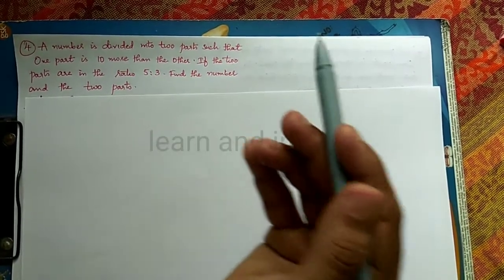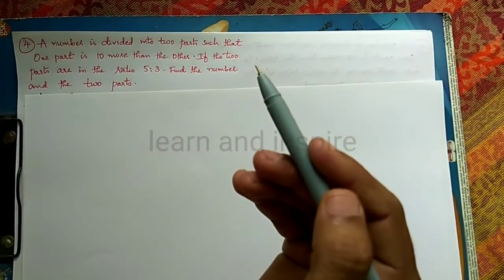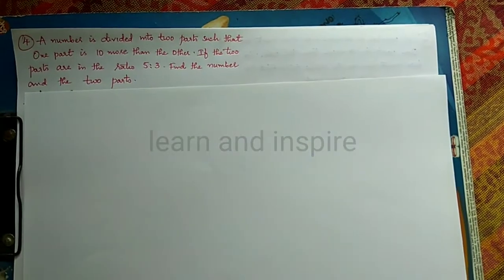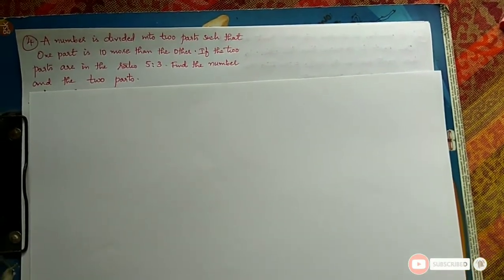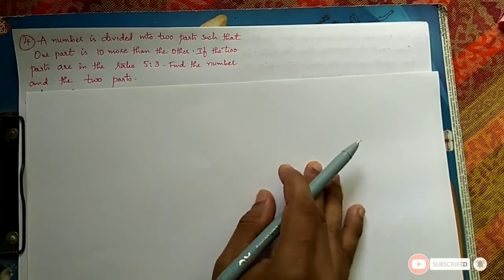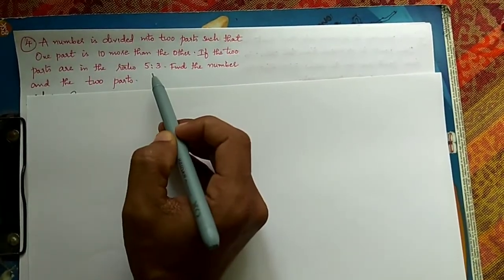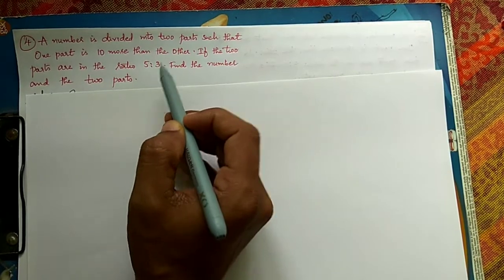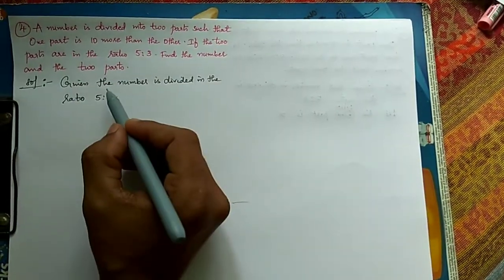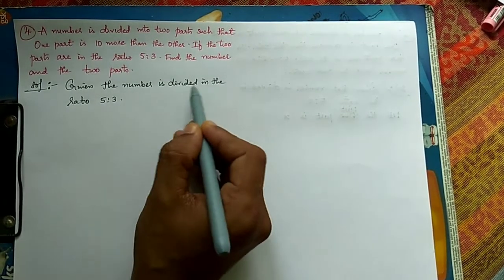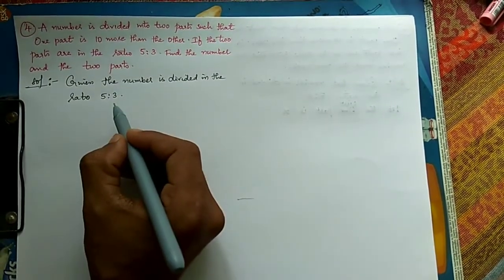Suppose I take 5 as the first part, then the second part will be 10 more than the first part, that means 5 plus 10. So we are adding 10 to the first part. And the number is divided in the ratio 5:3, so we have to find that number and also the two parts. So the first step we write: given the number is divided in the ratio 5:3.